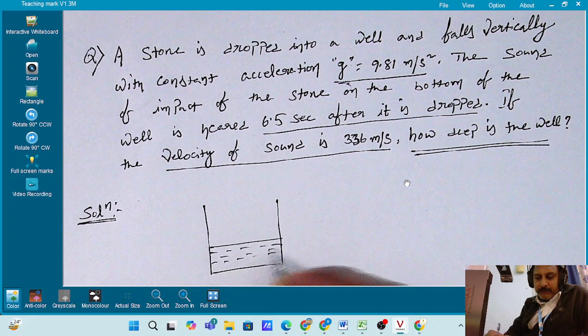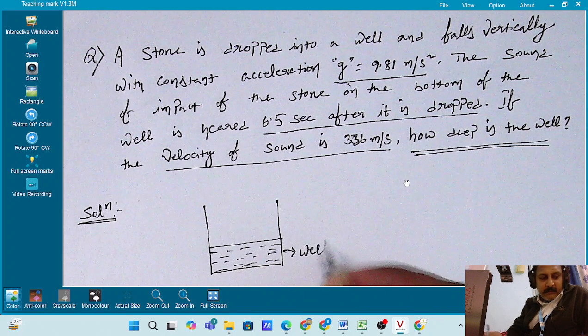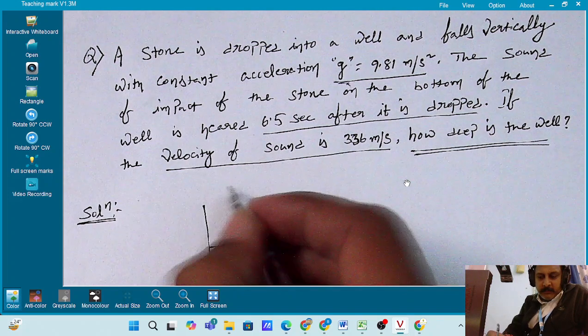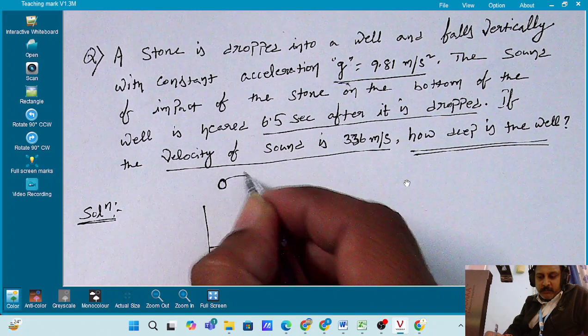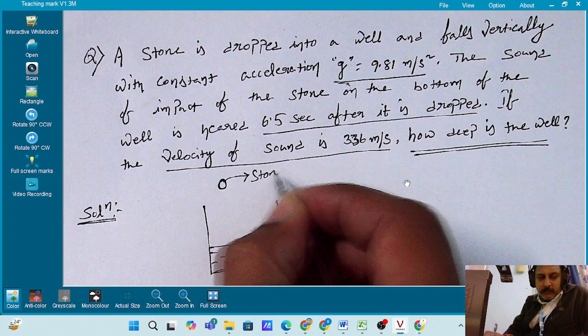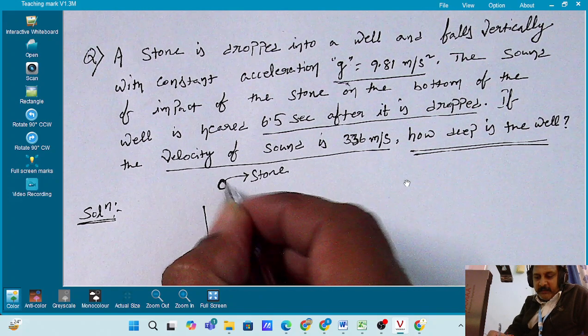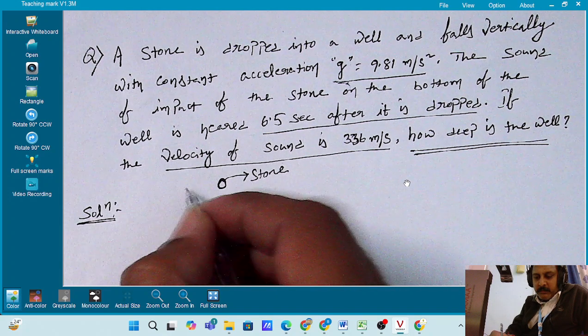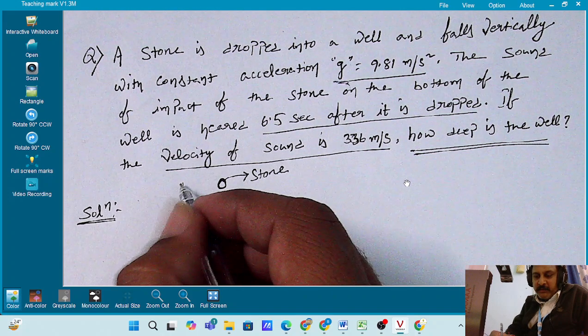Assume that this is the well, where into the well we are dropping a stone. Whenever a stone is dropped, we are not applying any kind of force on it, we are simply dropping it.